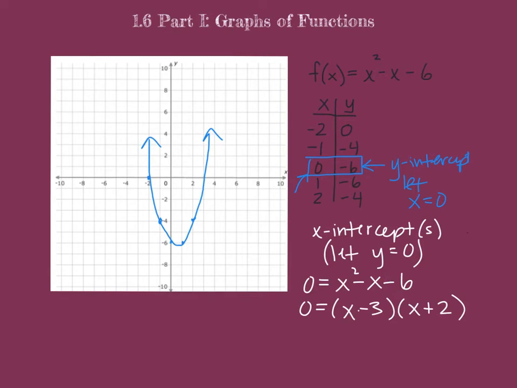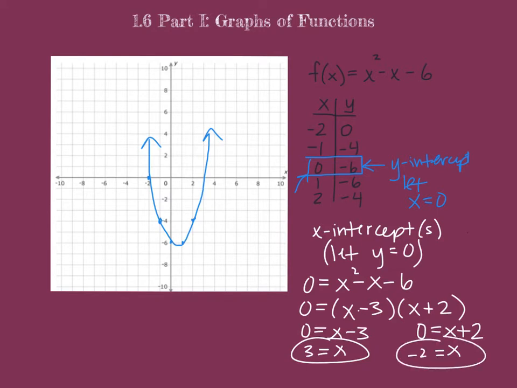So this one's factorable. Then, since it's equal to 0, we're going to set each factor equal to 0. I'll set x minus 3 equal to 0, and I'll set x plus 2 equal to 0. When we do that, we'll add 3 to get that x is 3, and then over here, we'll subtract 2 to get that x is -2. And those are our 2 x-intercepts.